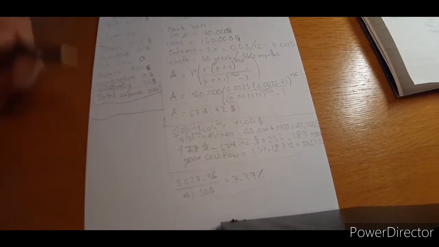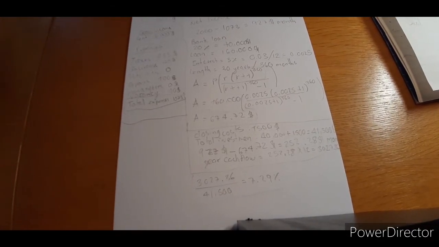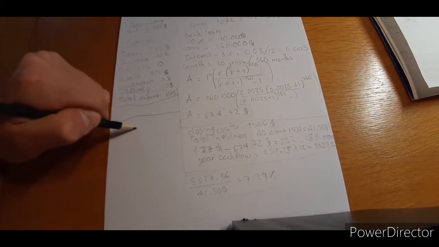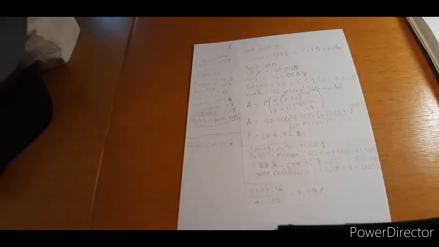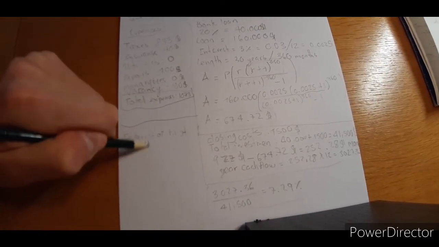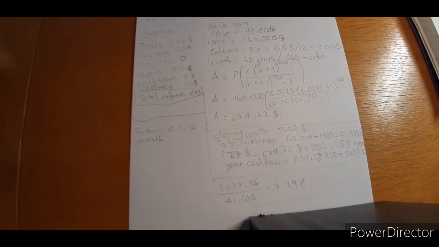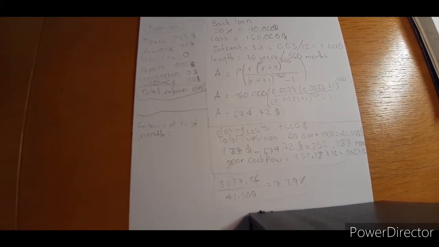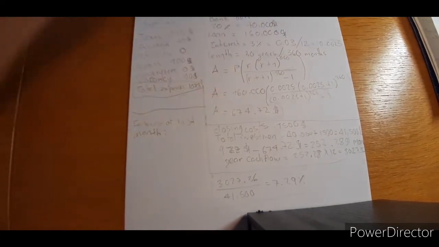So in order to know the equity, we need to calculate the interest of the first month. You're going to take the price of the house times its interest rate that we calculated before, which will be 0.0025.